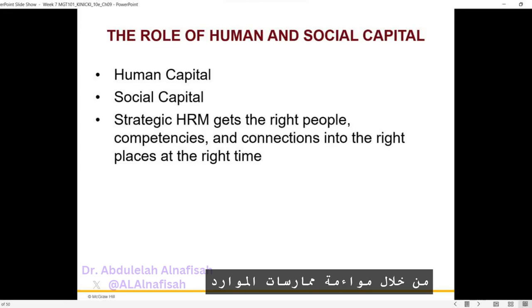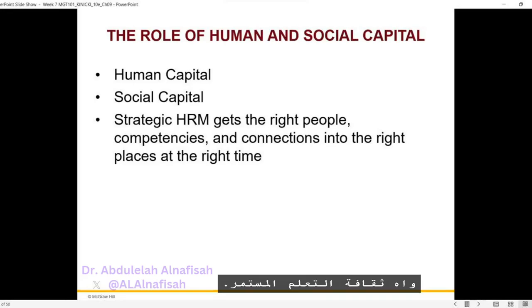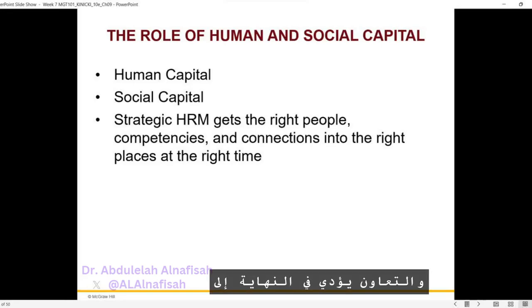By aligning HR practices with organizational strategy, Strategic HRM enables proactive planning, talent management, and a culture of continuous learning and collaboration, ultimately leading to improved performance, innovation, and competitive advantage.